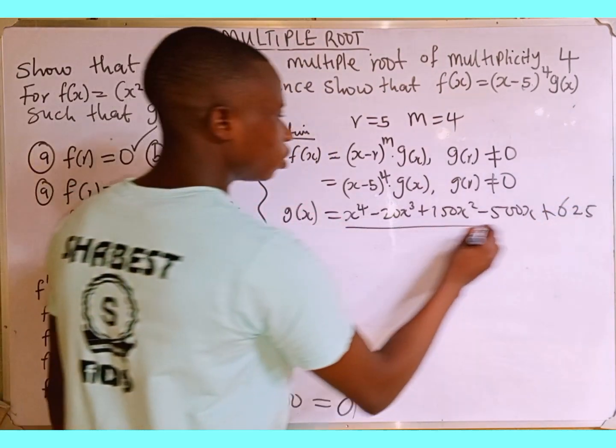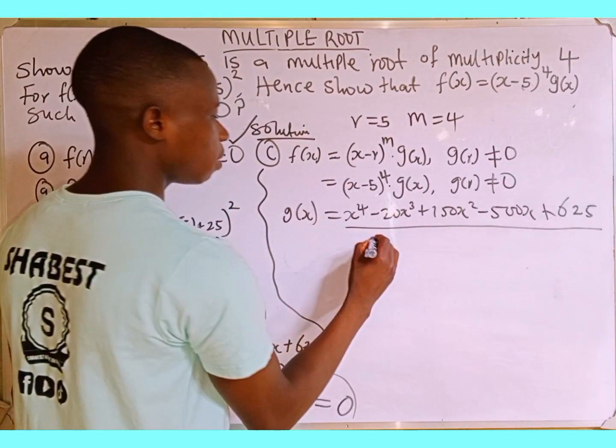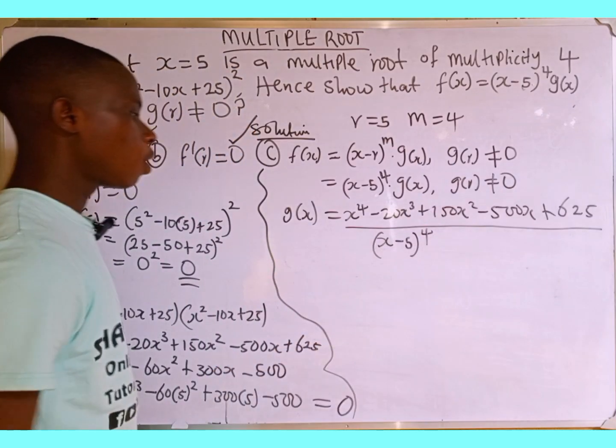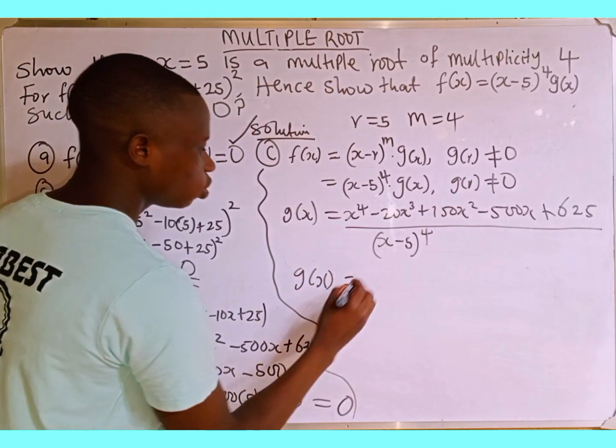Then divided by x minus r raised to power m, which is the same as x minus 5 raised to power 4. So g of x now will be equal to what?